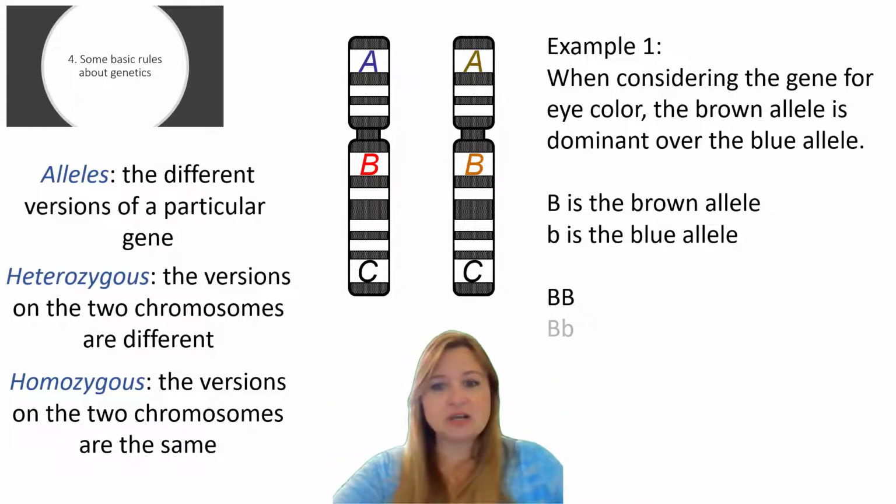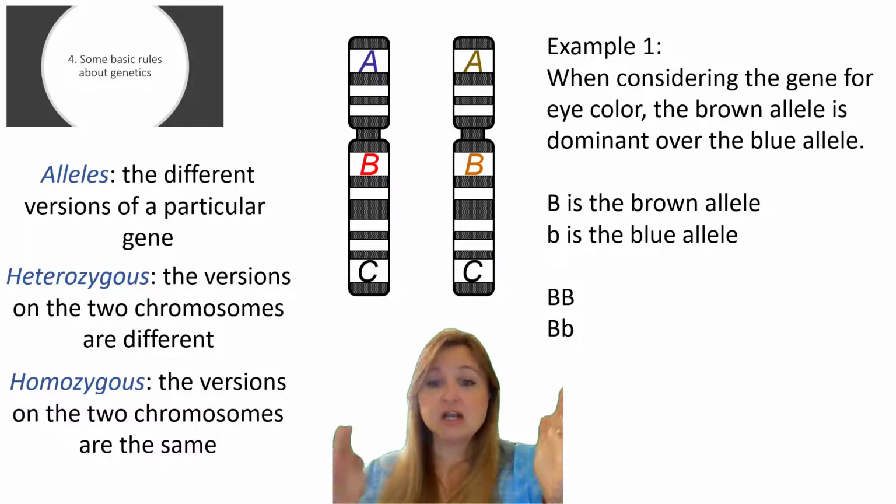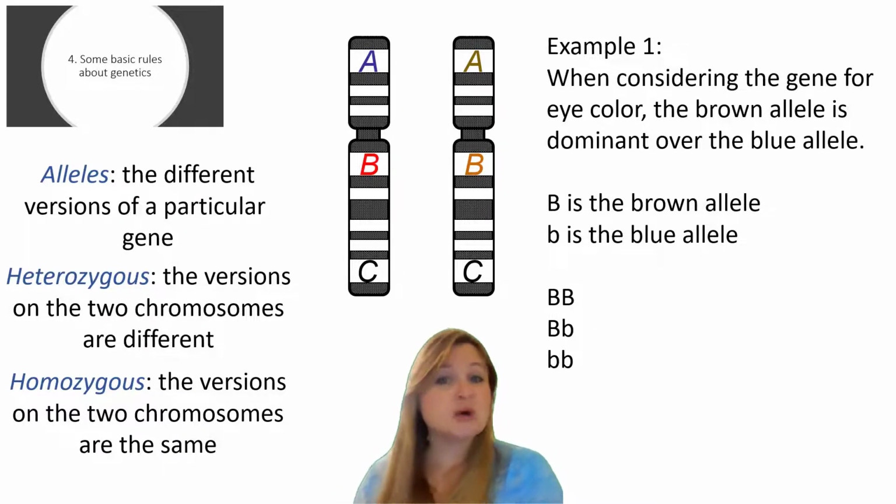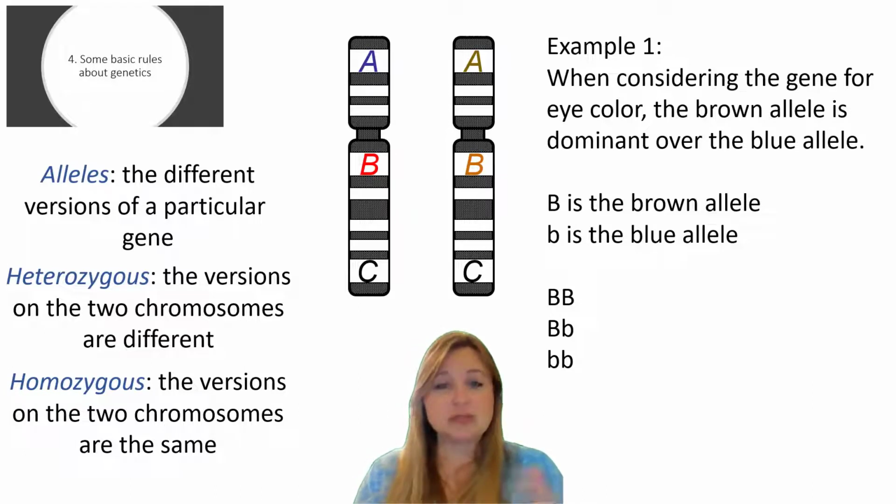Now, in the population, we also could have someone who inherits a brown allele and a blue allele. So big B, little b. Big B stands for the brown allele, little b stands for the blue allele. And then there are people who could have 2 recessive alleles, 2 blue eye alleles. So that would be little b, little b.